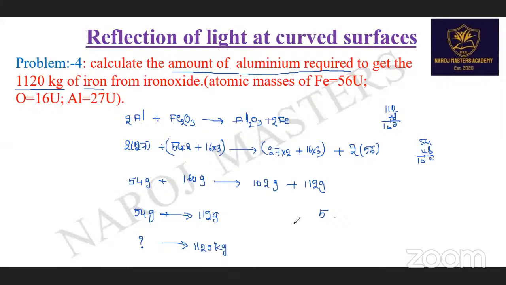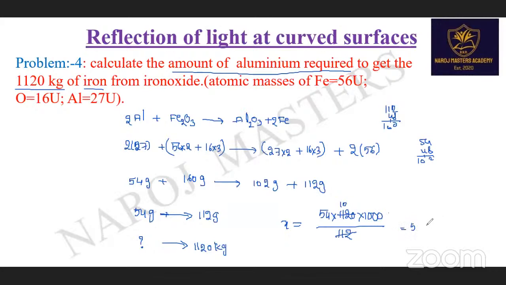So 112 X is equal to 54 into 1120 kg, that is 1120 into 1000 grams. 112 goes into 1120 ten times.